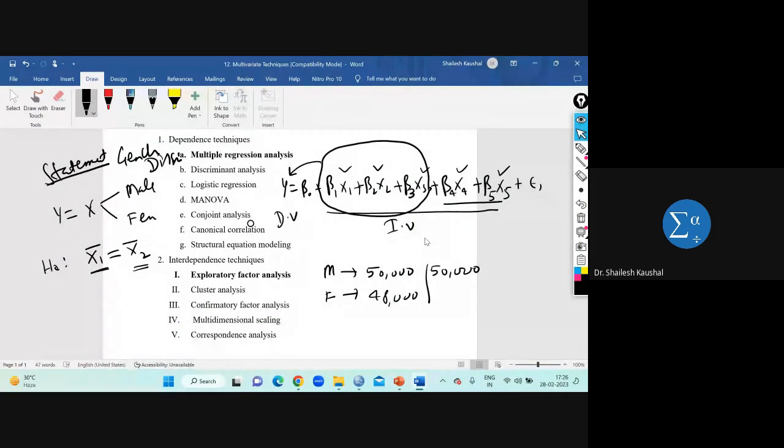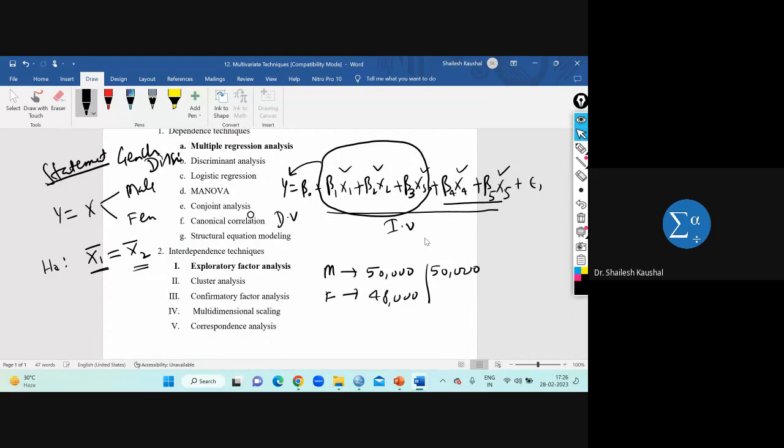For example, I am taking 5 independent variables and 1 dependent variable. Out of the 5 independent variables, only 3 independent variables are significantly contributing to dependent variable y.